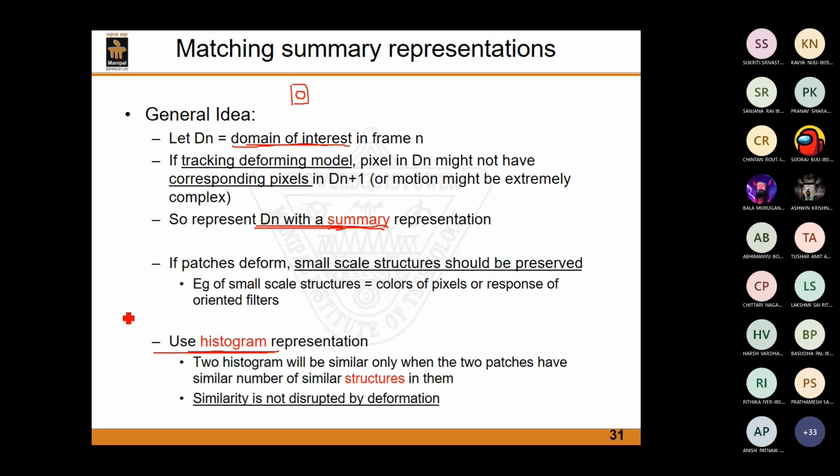Histogram representation, we have already discussed this earlier. What you're plotting is the different pixel intensity values on the x-axis, and on the y-axis the number of pixels having that particular intensity value. Let's say you have an 8-bit image. The total number of pixel intensity levels is 256.